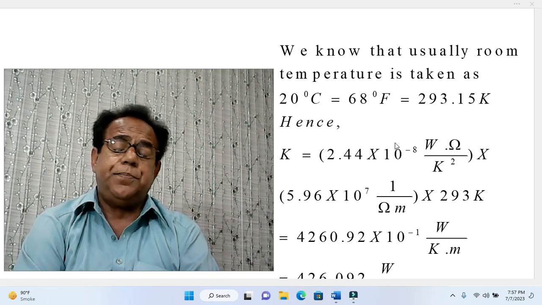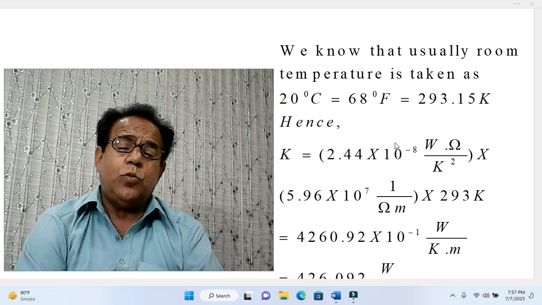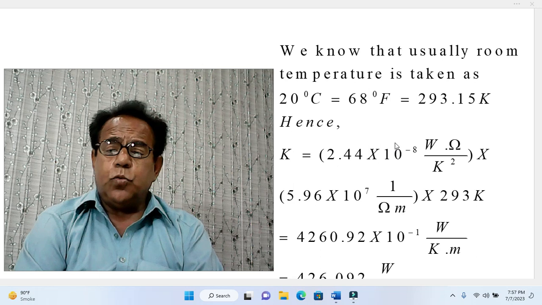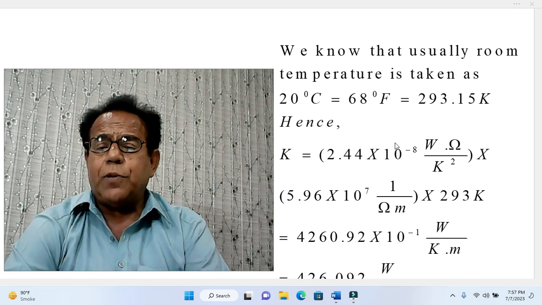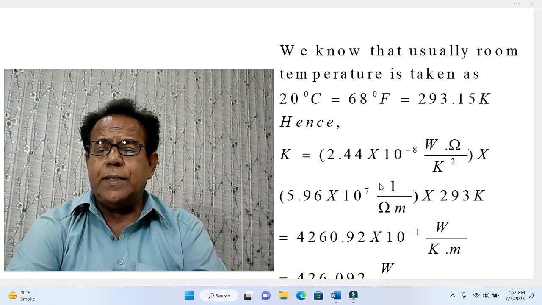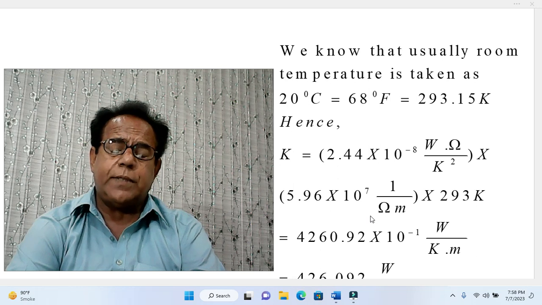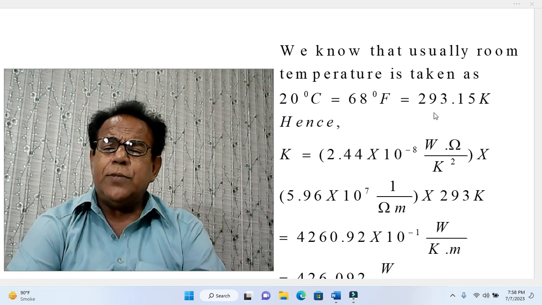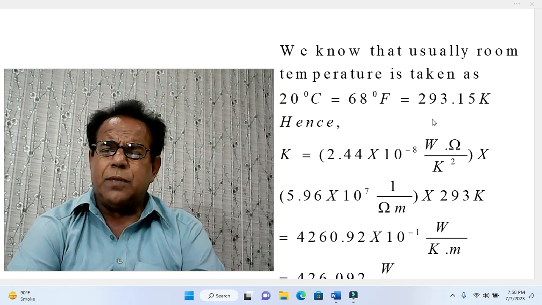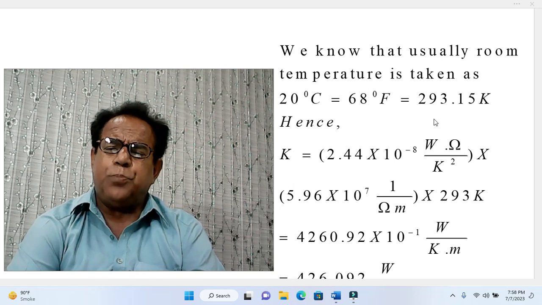Hence, putting these values in the equation, K becomes equal to 2.44 into 10 to the power minus 8 watt ohm over Kelvin square into 5.96 into 10 raised to the power 7 over ohm meter into 293 Kelvin. Dear students, here we have used 293; we have ignored 0.15.